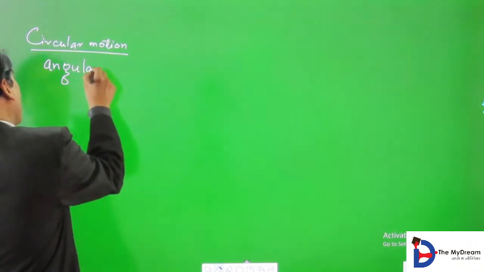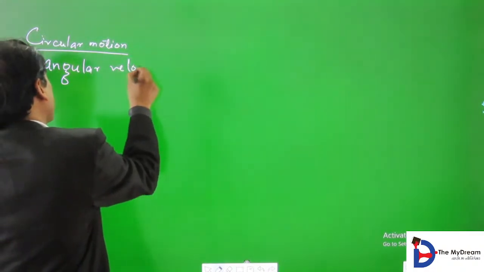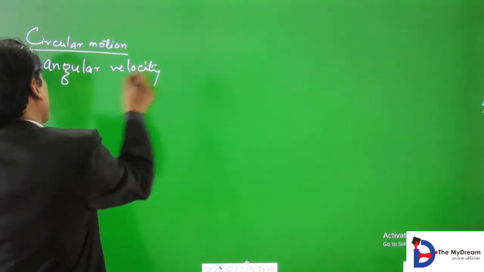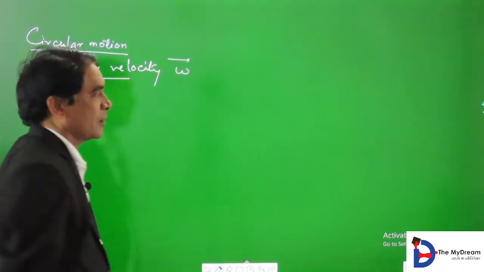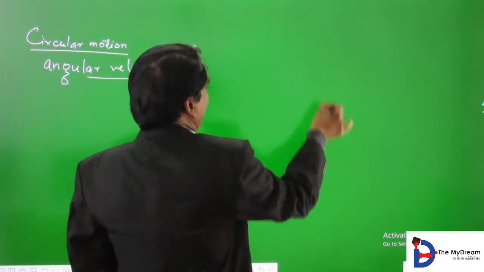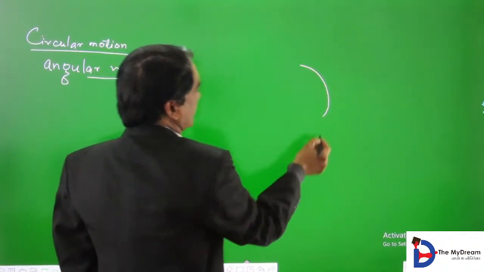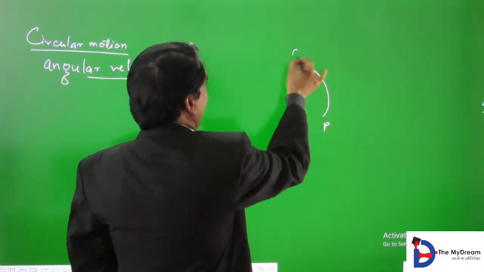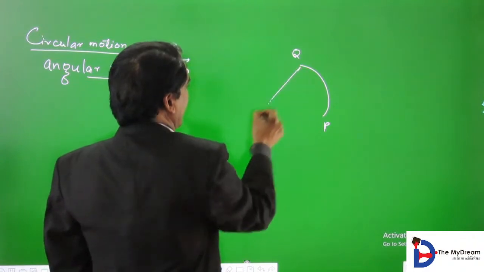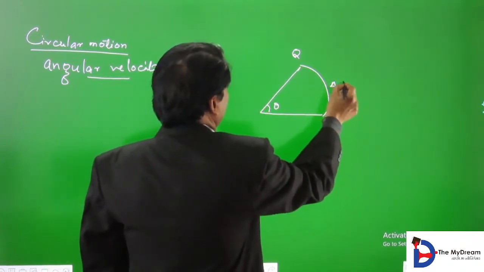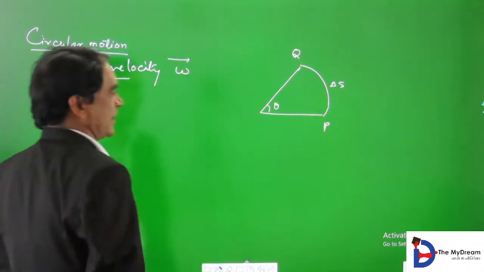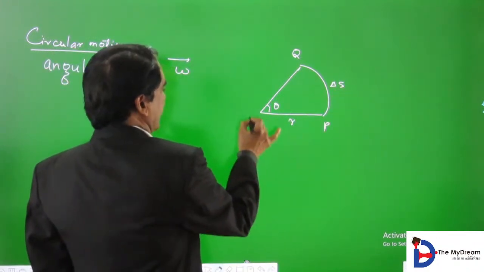Angular velocity is represented by omega. Suppose an object moves on a circular track and makes an angle theta, having arc delta s. This is the radius.